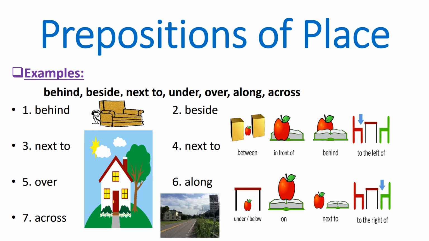And the next example, number 2, is beside. In the other picture you can see there is a house and we have a tree nearby it. You can see there is a tree beside the house.